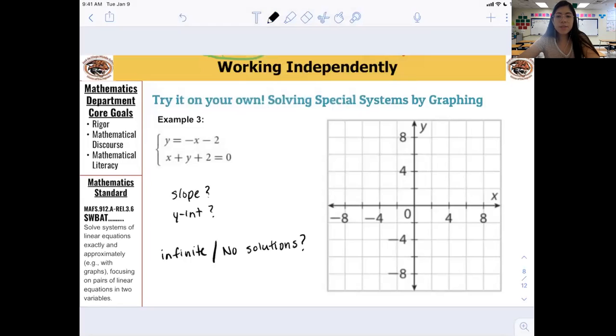About 30 more seconds. And when you have your answers, try to predict, is it going to be one solution, no solutions, infinite solutions?